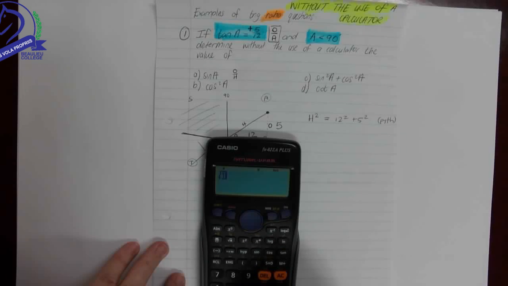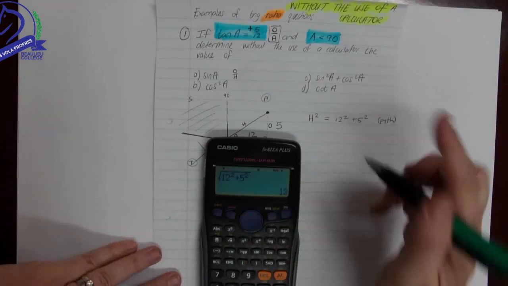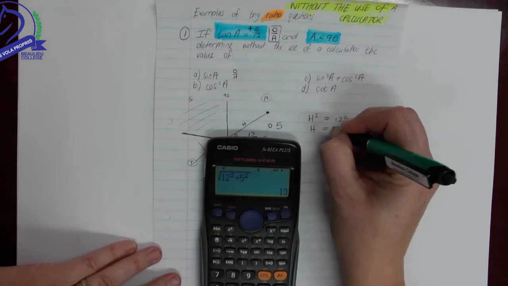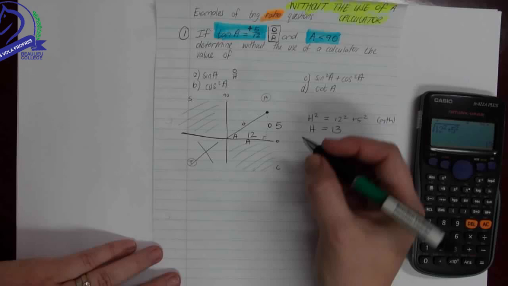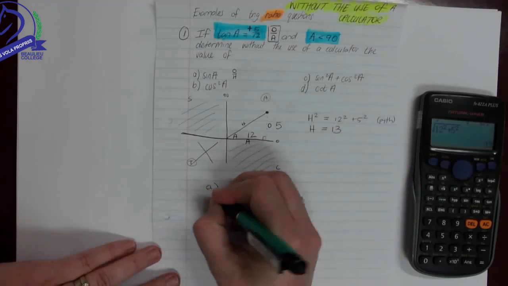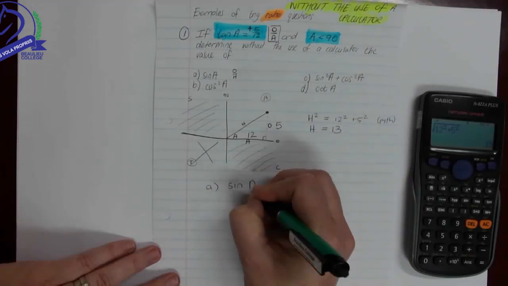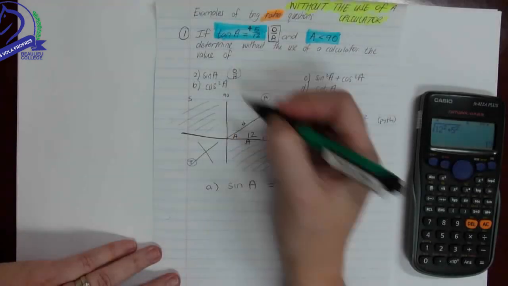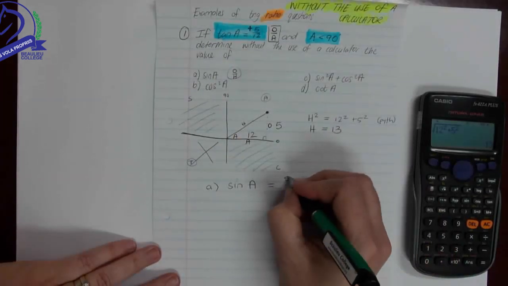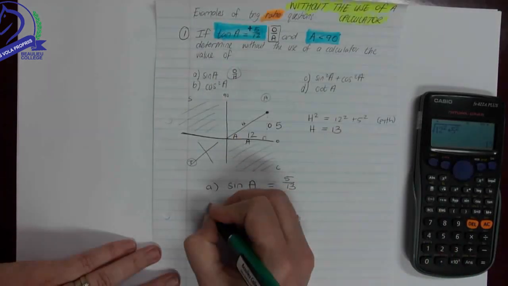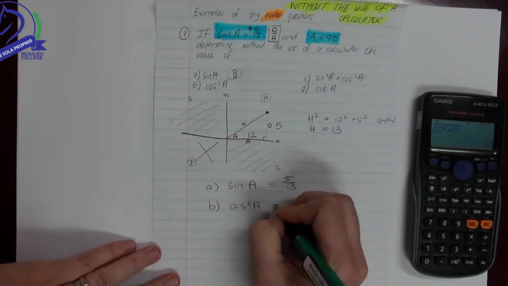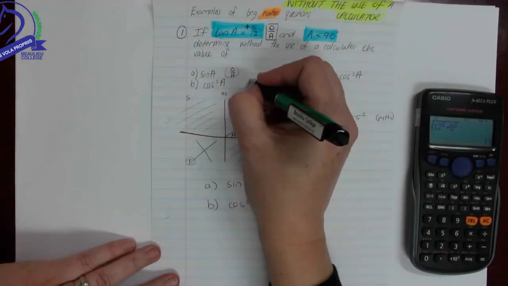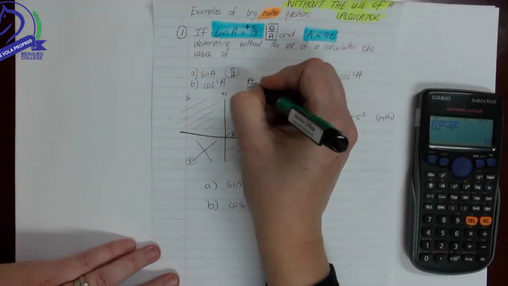The square root of 12 squared plus 5 squared will give me the hypotenuse as a value of 13. So sine of A, I know, is O/H. So that is 5/13. Cos squared A. So that means cos A is A/H.